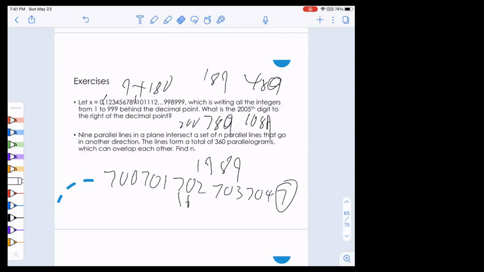As I went over this, we basically covered 1 through 9. We counted the number of digits for each set of numbers. Yeah, 7 is the answer. Then we narrowed it down to the place closest to 2005, and then we just solve it from there.